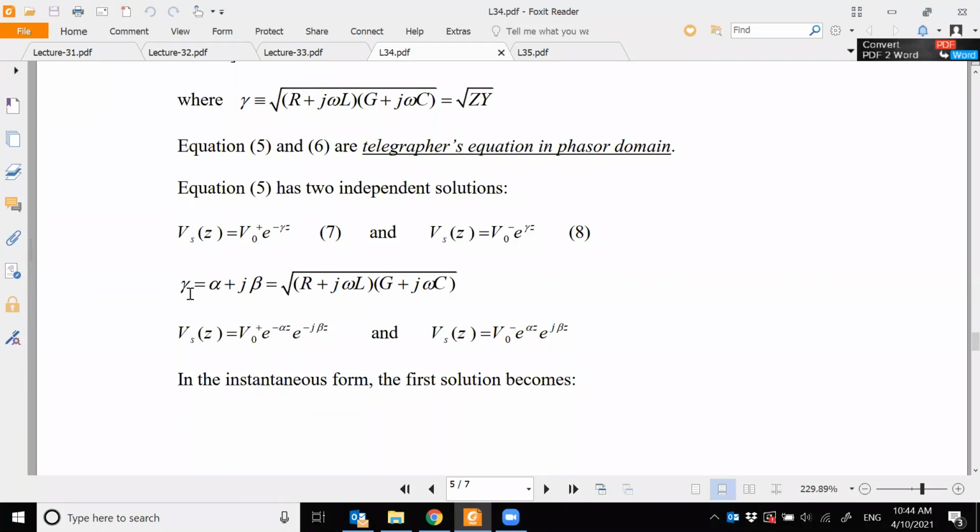Therefore your gamma here is the propagation constant, alpha is the attenuation constant, and beta is the phase constant. This is in circuit theory, very similar to what we have seen in electromagnetic theory. If I now rewrite gamma in terms of alpha and beta, these are my solutions: e power minus alpha z, e power minus j beta z, e power plus alpha z, e power plus j beta z.